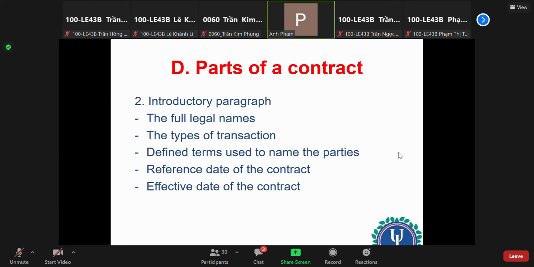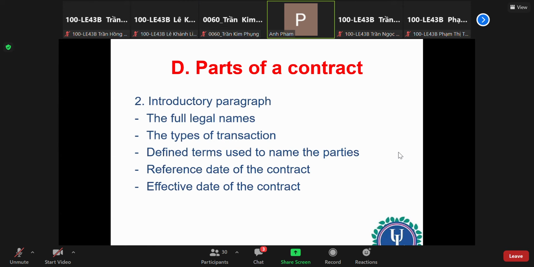And also, you need to specify some more details: the identity card number, the issue date, and which authority issued the identity card to you.